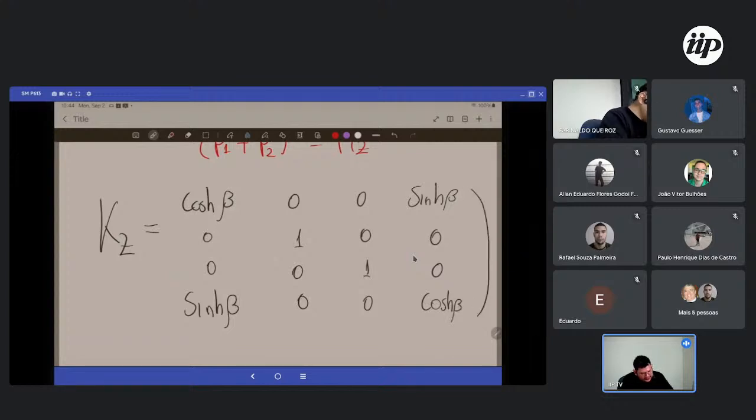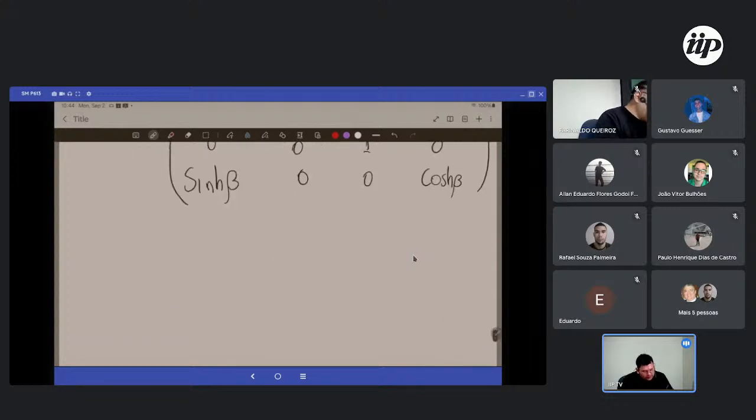That is the transformation, a longitudinal boost transformation in the z direction, with beta equal to v over c, using natural units.